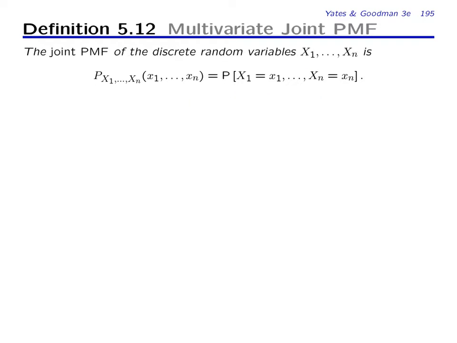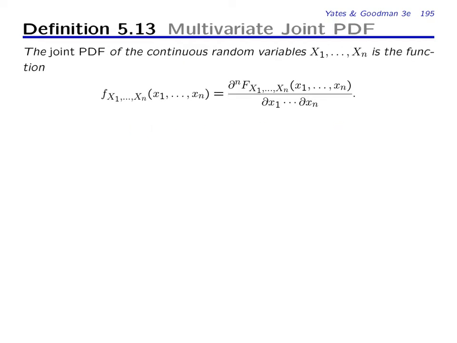Similarly, when the random variables are discrete, we have the joint PMF, and this joint PMF of n random variables is the generalization of the joint PMF of two random variables, X1 and X2, and it tells you the probability that the random variables take on a particular set of values.